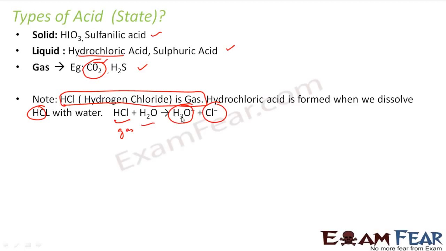We generally call HCl hydrochloric acid, but HCl is nothing but hydrogen chloride and it is a gas. To make hydrochloric acid, we pass this gas through water, and we get hydrochloric acid. So hydrochloric acid is liquid, but hydrogen chloride is gas, and hydrochloric acid is formed using hydrogen chloride.